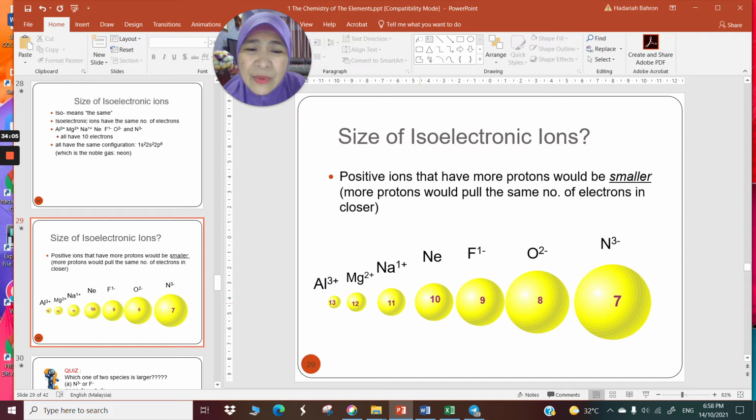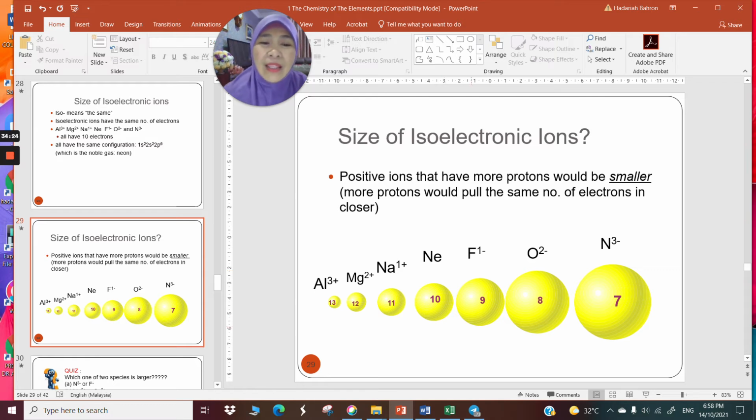And then neon has 10. Oh, 10 electrons? Really? Oh, yes, correct. Because these are from the third period, and these all are from the second period.